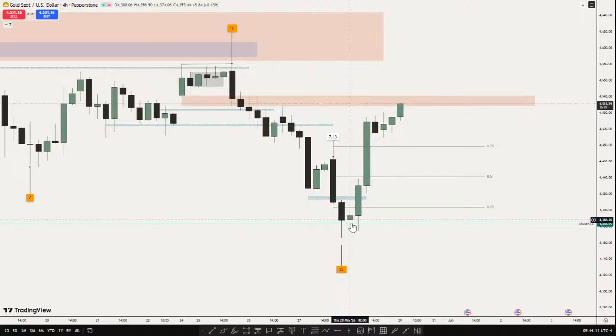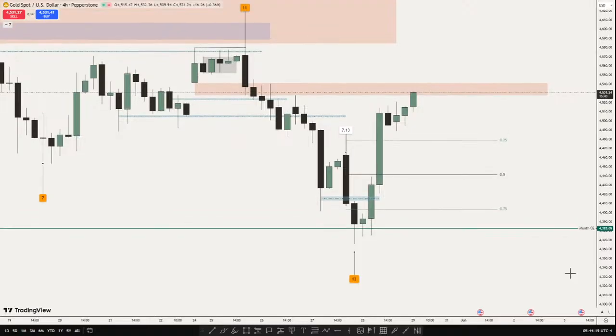I was a little bit confused between choosing the 14th candle or the 15th candle for entry, because I don't take on the number 14.